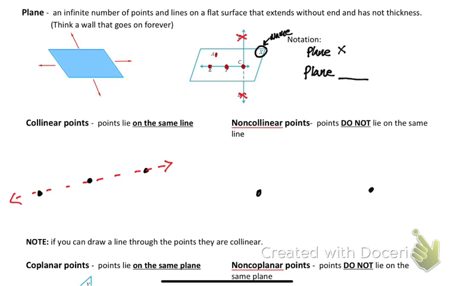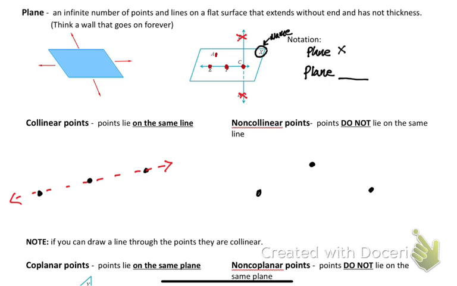Once again, 2 points, collinear. It's that 3rd point, let's put it up here, that now it's no longer collinear because I cannot draw one line through both of these. I can either draw a line through these 2, or I can draw a line through this one. These are not collinear because I can't just draw one line through both or all 3 points.